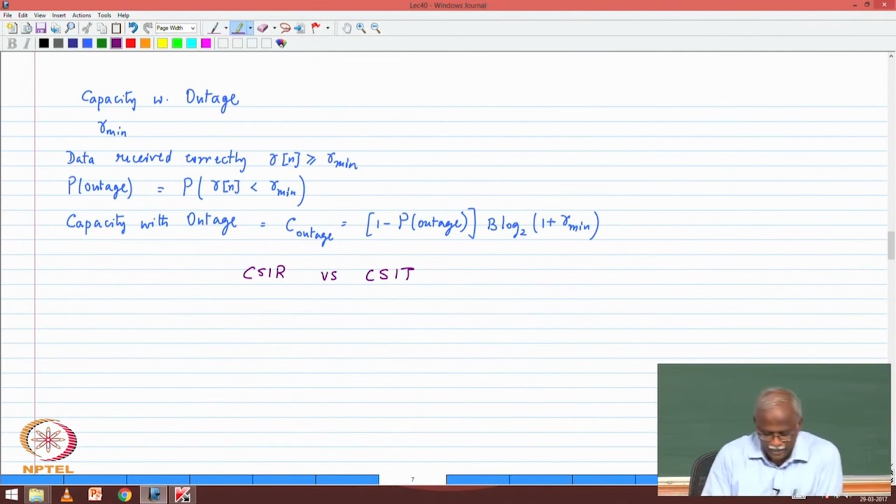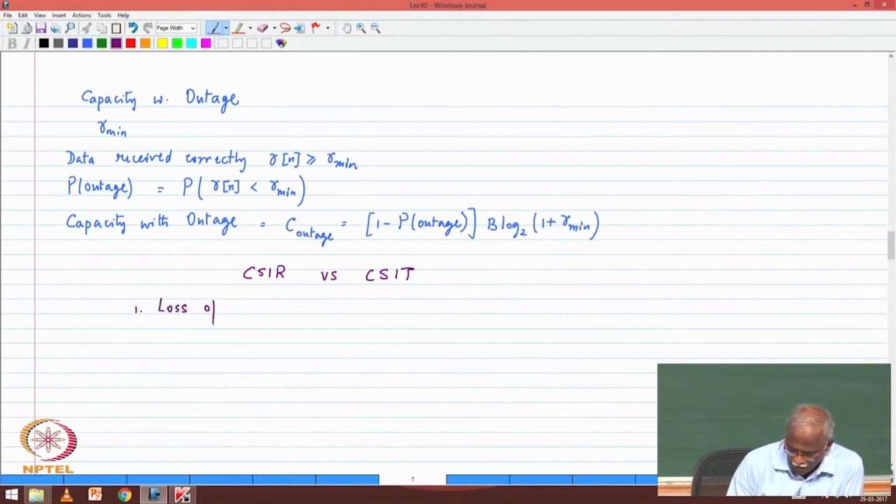I believe the points that we can make in terms of the disadvantages are, first and foremost, there's loss of data. Loss of data during outage, and we said, okay, I can't do anything about it, so I'm helpless. So there is a loss of data during the periods of outage.